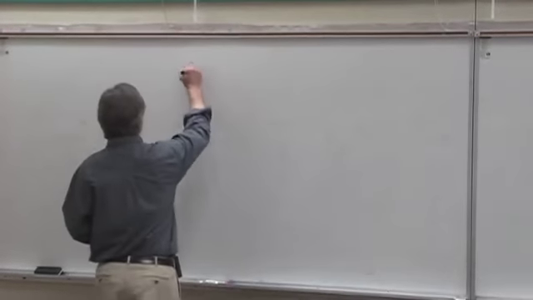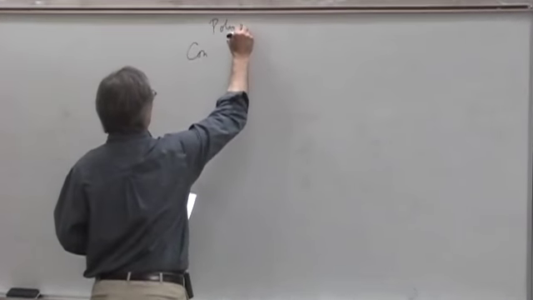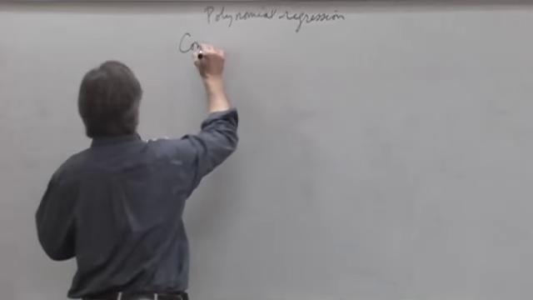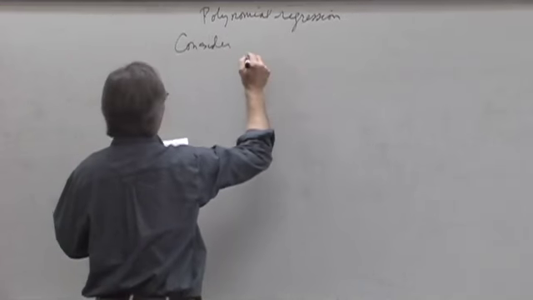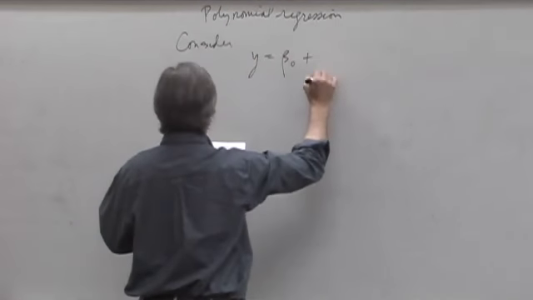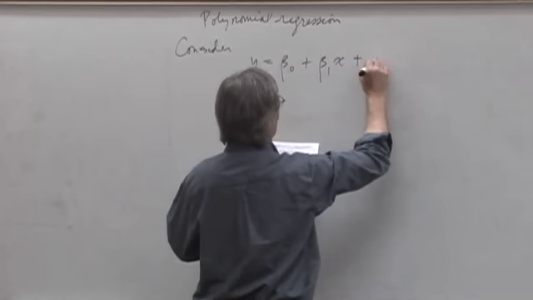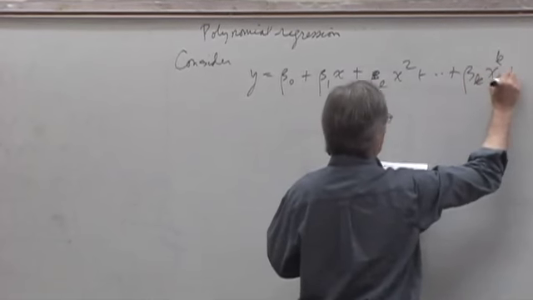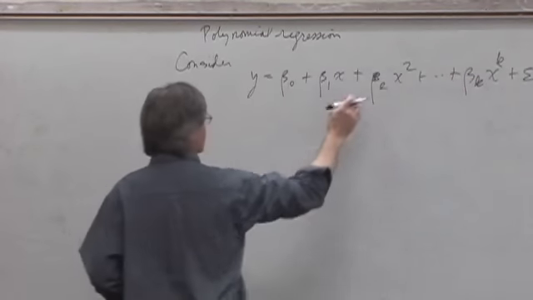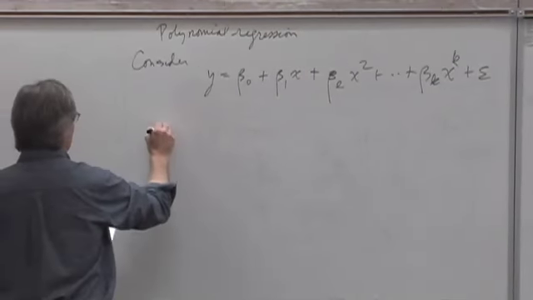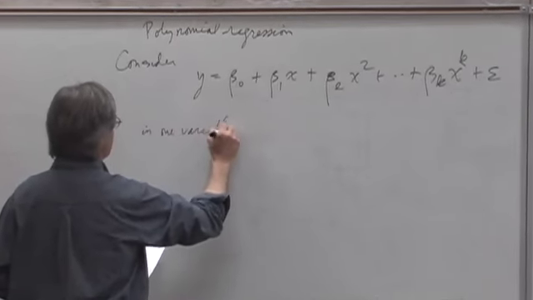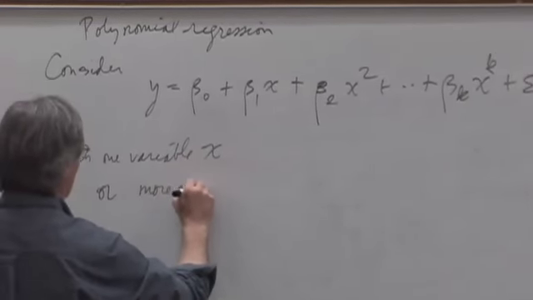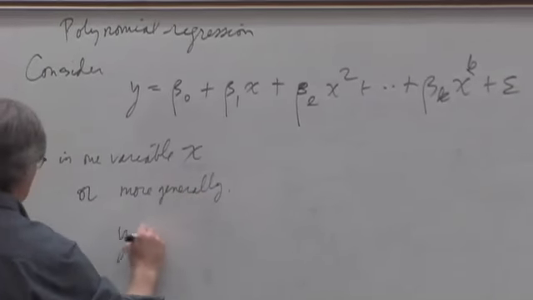So we're going to consider something where we've already pretty much considered y equals, in principle, a model of this type, where x is a single independent variable. Or, more generally, consider y is beta 0.